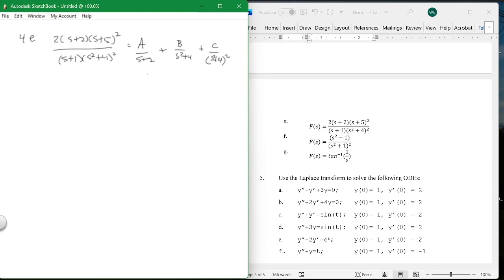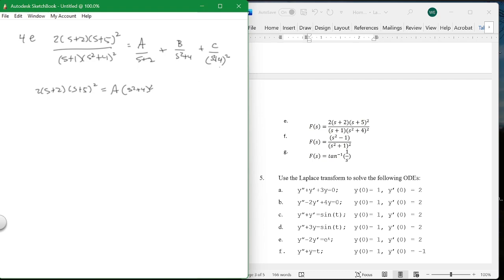So let's expand this. Okay, this is a lot more difficult than the other one, but it's the same principle. It's 2 times s plus 2 times s plus 5 quantity squared is equal to A times what? Squared?